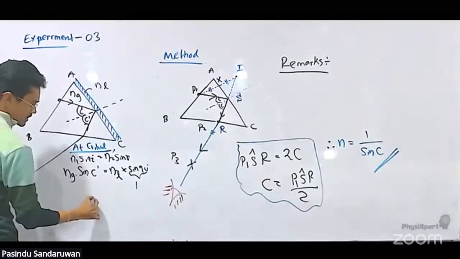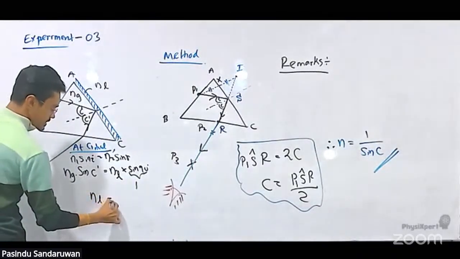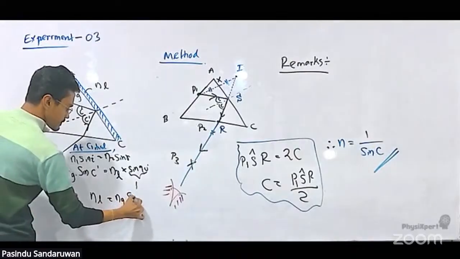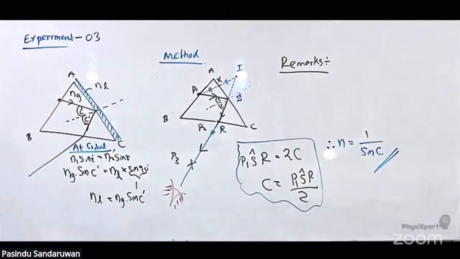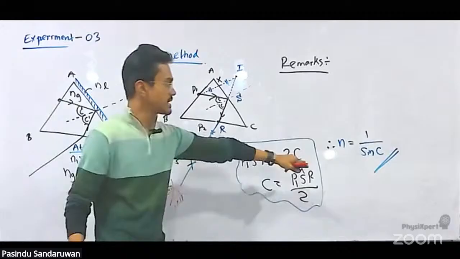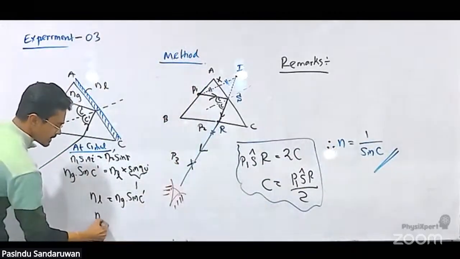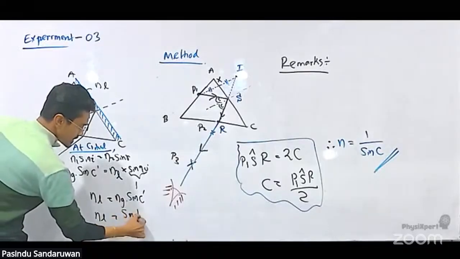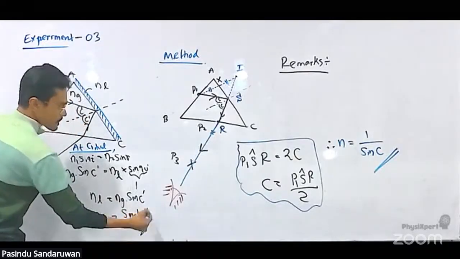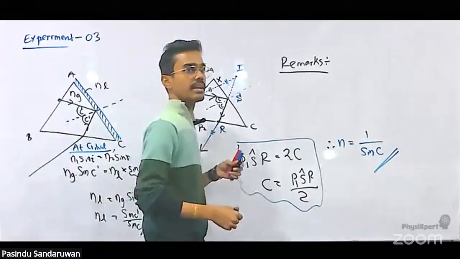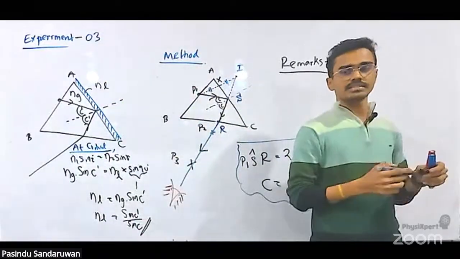Now, N_L equals Ng times sin C dash. Ng is known. One more sin C, plug it here. Then N_L is sin C dash over sin C. If C and C dash are known, N_L can be determined. Simple as that.